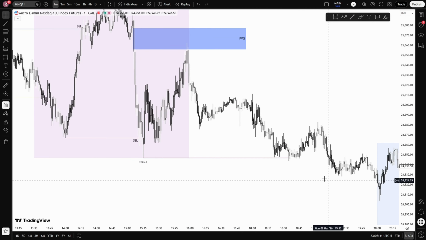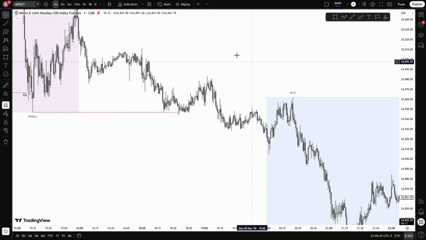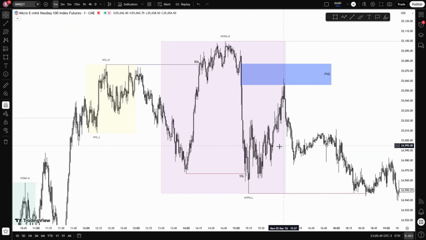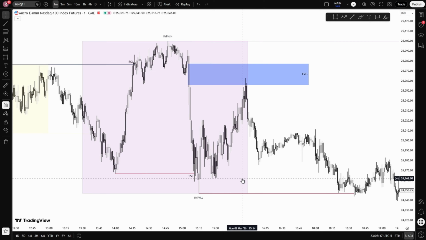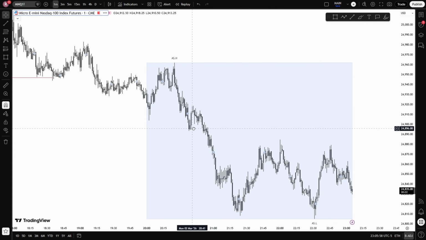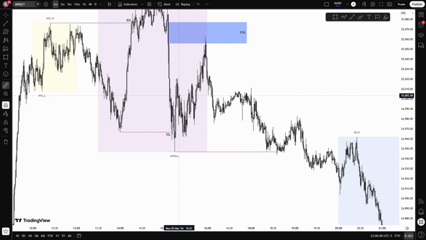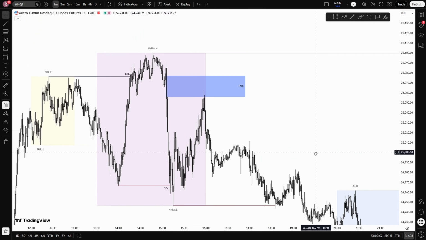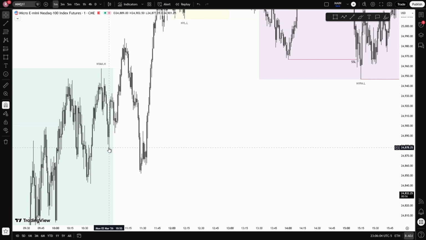For example, after reaching external liquidity at a swing high, where can we anticipate price going next? We can anticipate it retracing into an internal fair value gap within the range. Then once price reaches into that fair value gap and rebalances the inefficiency, where can we anticipate it to go next? Back to external range liquidity, meaning another swing high or swing low. So you can see the rhythm of the market.